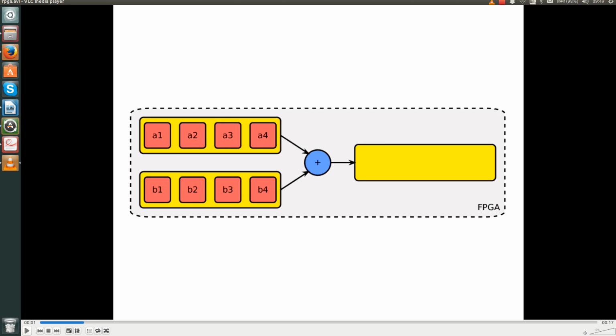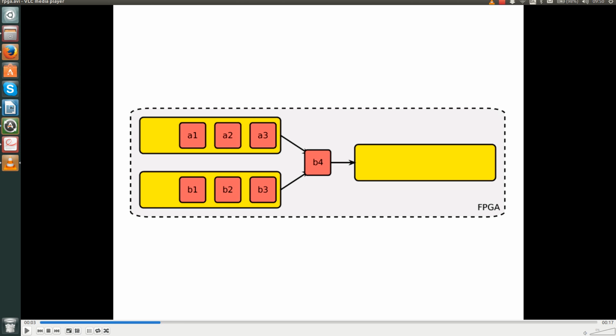So for this example, we synthesize 2 memory blocks for the 2 input vectors, and 1 memory block for storing the result. Another important thing is that in terms of computational logic, we synthesize only an addition unit, and we don't synthesize any other units that are not used for this particular algorithm. Keeping this in mind, we will run the animation to see what happens inside the FPGA.